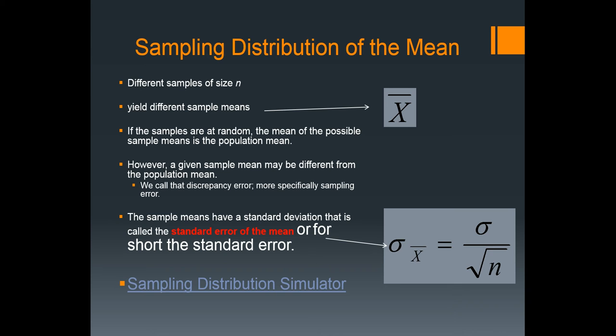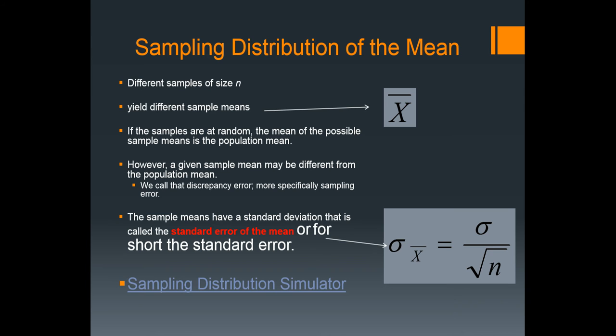And there's a formula and a term for this sort of error. It's called the standard error of the mean. Now, if we have knowledge of the population standard deviation, we can calculate the standard error of the mean by taking the population standard deviation and simply dividing it by the square root of n.